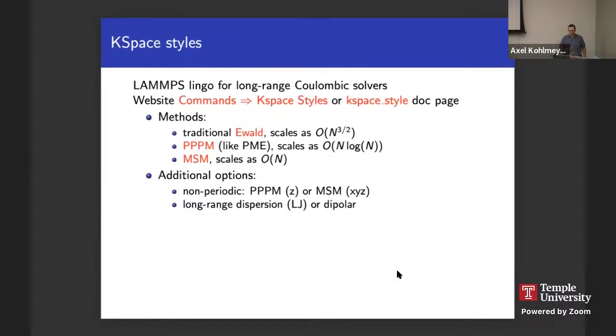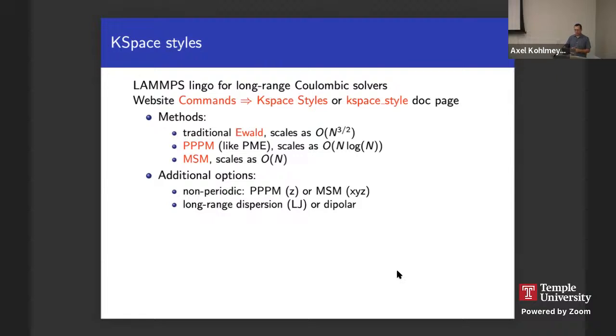Okay, kspace styles. This is LAMMPS lingo for long-range Coulombic solvers. You can see the website commands kspace style. There are 3 different methods in LAMMPS. There's the traditional Ewald sum, which scales as order N to the 3/2, ideally. There's PPPM, which is like the particle mesh Ewald that you see in other molecular dynamics codes.